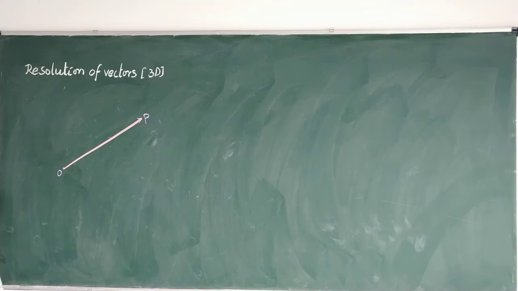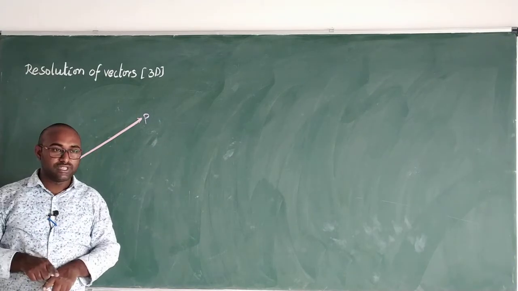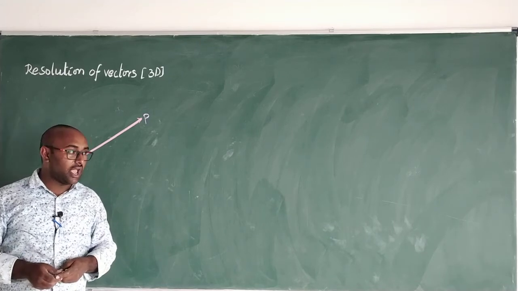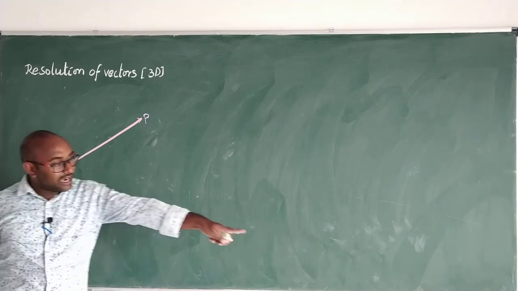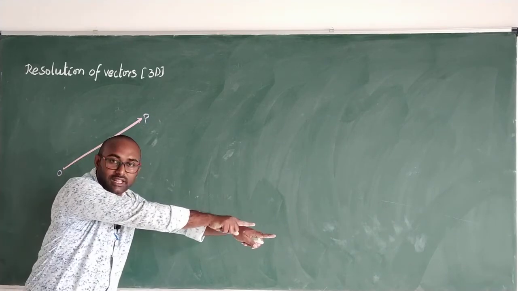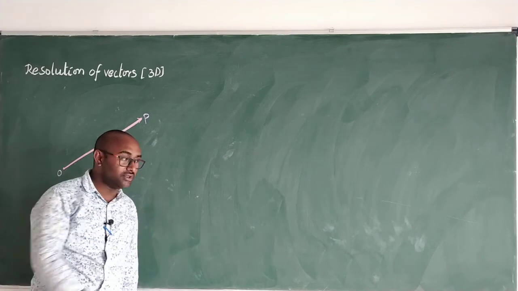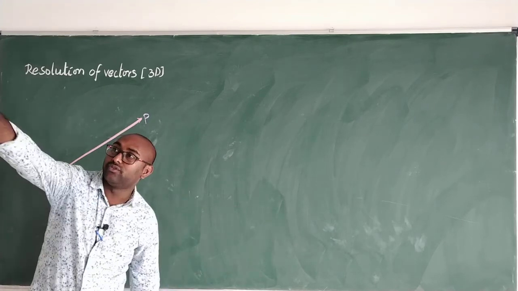In the previous one it was two-dimensional. Space means you just imagine this classroom. That corner I am taking as the origin, and from that origin I am taking the vector to another corner.